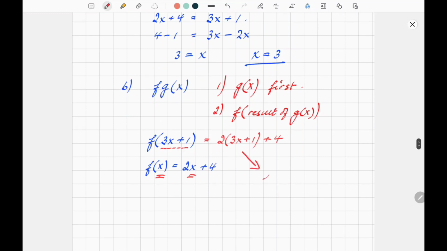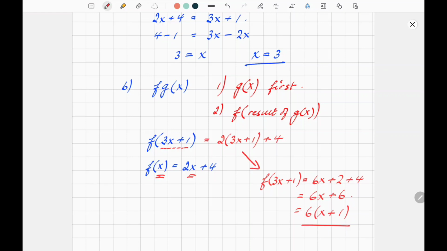So working that out, f of 3x plus 1, multiply all of that out, 6x plus 2 plus 4, 6x plus 6. That seems a little simpler than I thought. You could then write that as 6x plus 6, or factor that out.